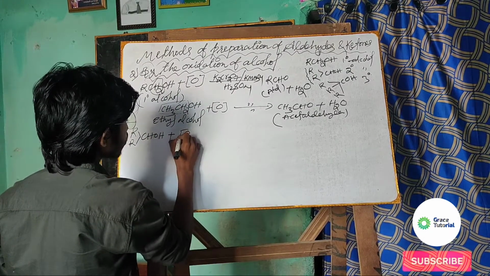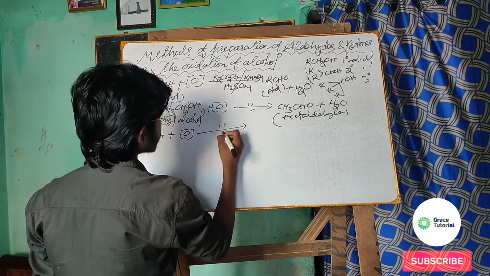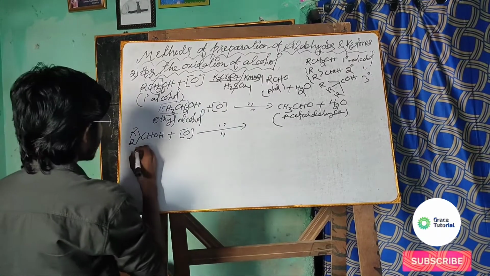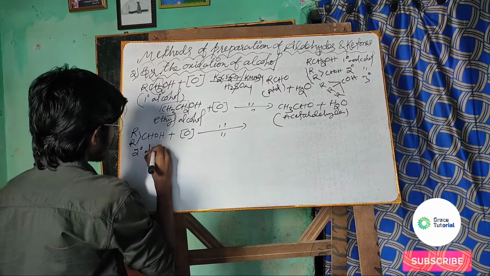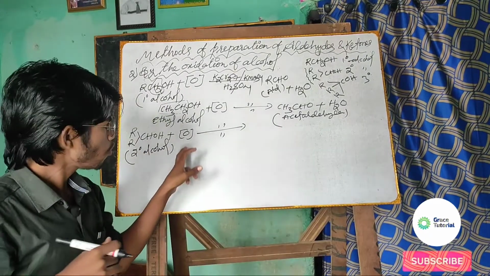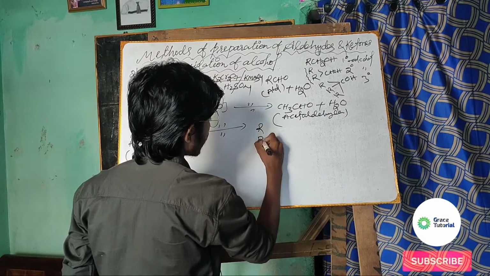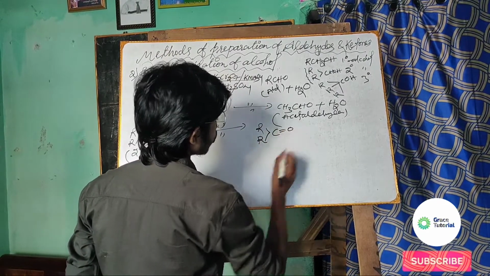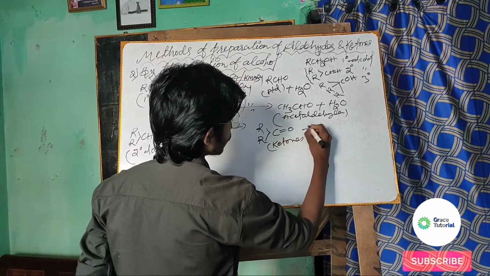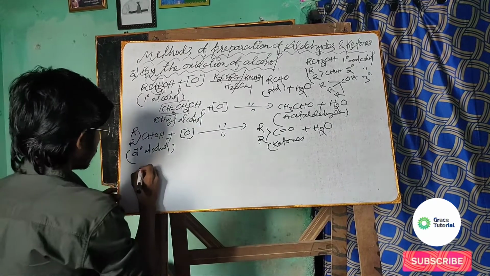When the secondary alcohol gets oxidized in the presence of the same agents, that is potassium dichromate or potassium permanganate or sulfuric acid, it generally forms R2C=O. That means this is ketone, along with water molecule.